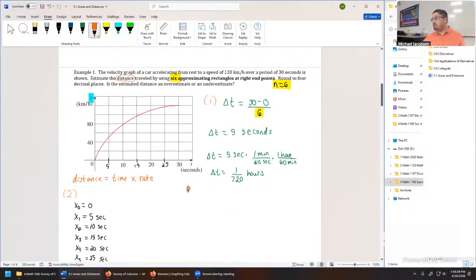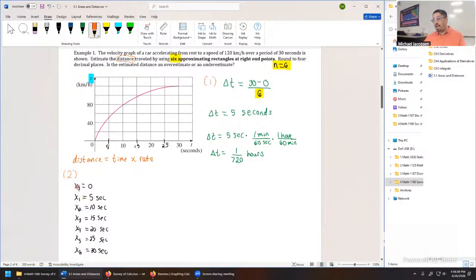And that's what the problem is asking us to do in this situation. We have really 7 points altogether, right? But if it says use the right endpoints, we're using these. So all those specifically are the right endpoints.